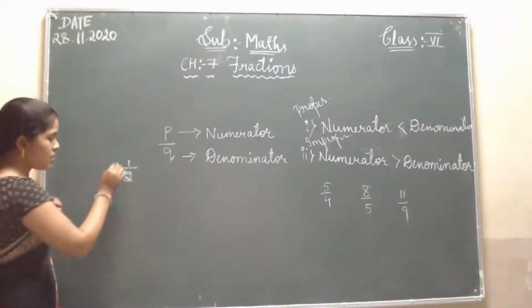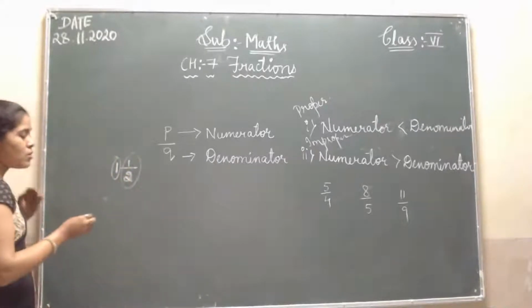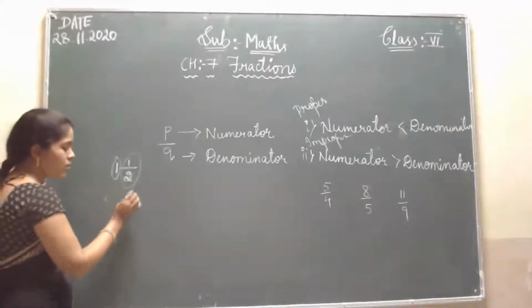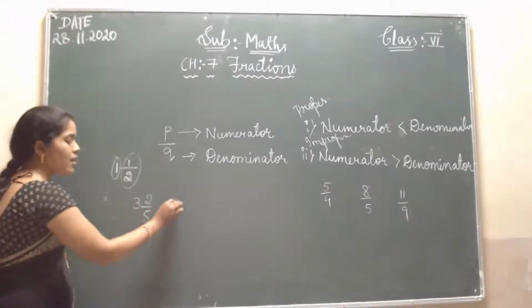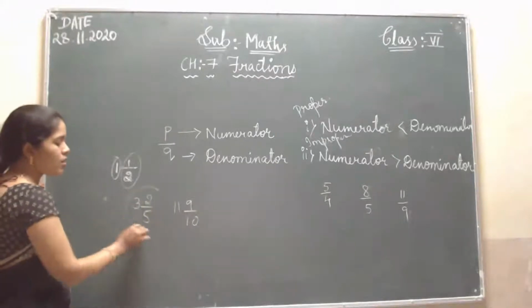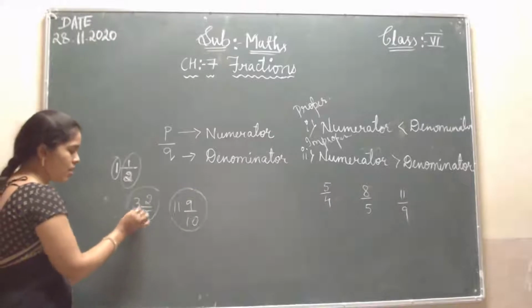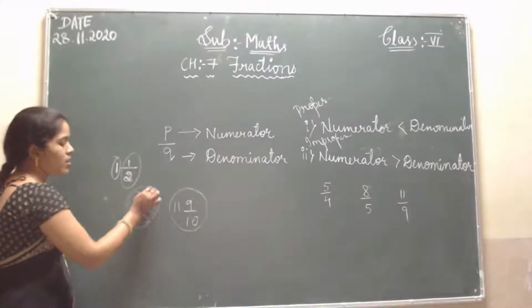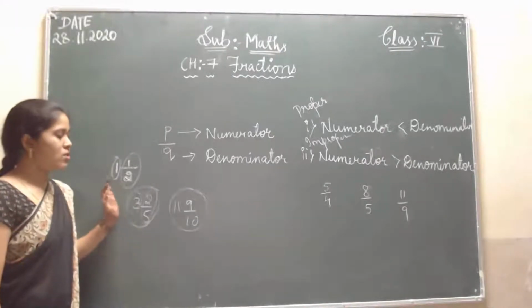These are natural numbers and these are proper fractions. For example, 3 whole 2 by 5, 11 whole 9 by 10. These are all mixed fractions. Natural numbers with a proper fraction are nothing but mixed fractions.